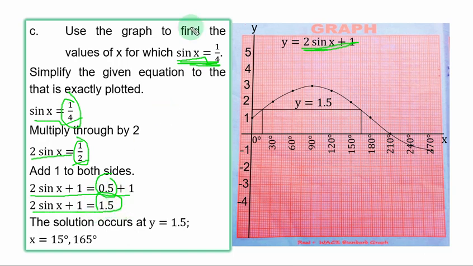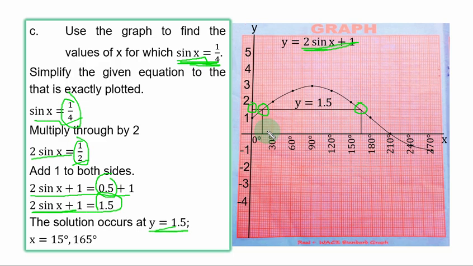What that means is that the solution of this equation occurs at y equal to 1.5, because everything you have here is y. So you go to y-axis and you locate 1.5 somewhere here, and you trace it across the curve, and it comes in contact with the curve at 2 points. Then you trace the 2 points to the x-axis.